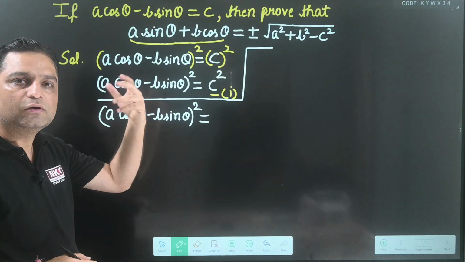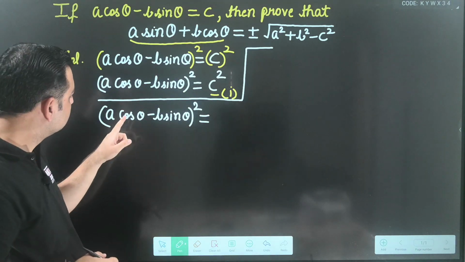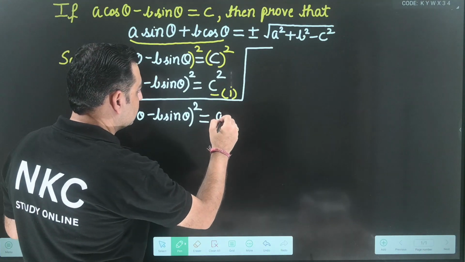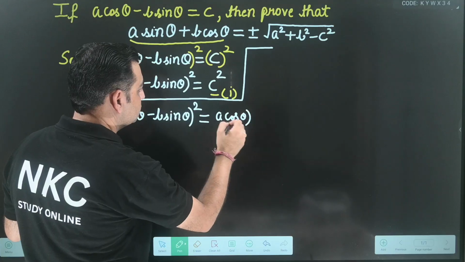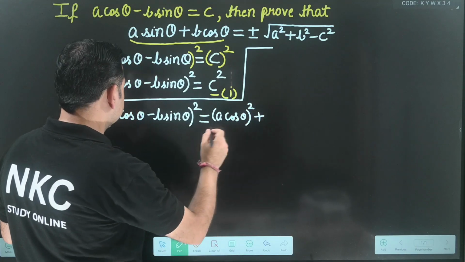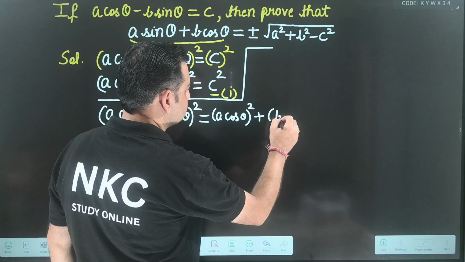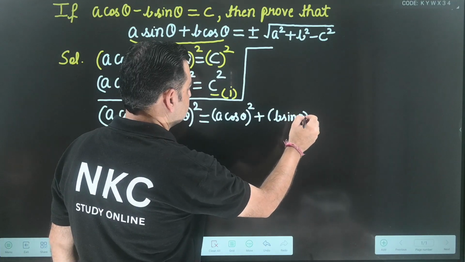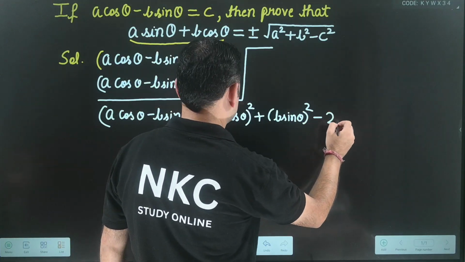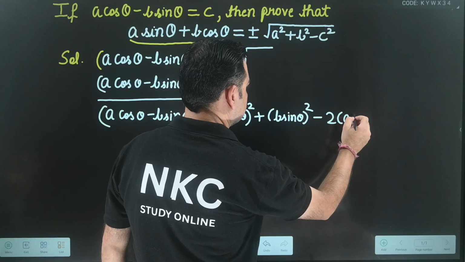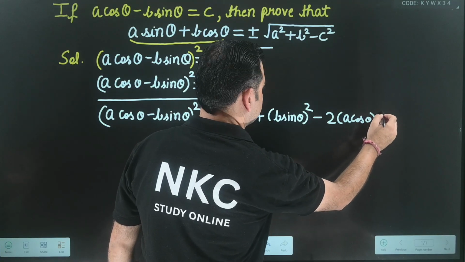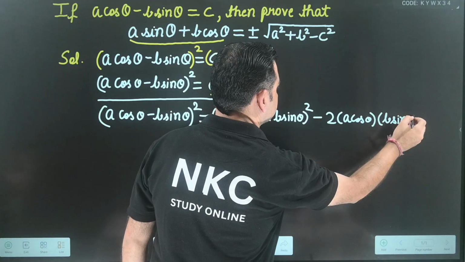A minus B whole square will be used, which will be equal to A square plus B square minus 2AB, right? Minus 2A cos theta into B sin theta.